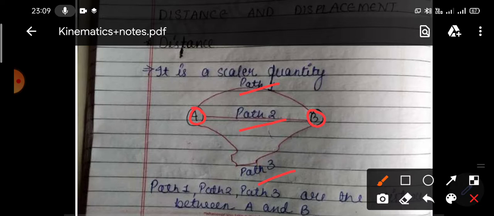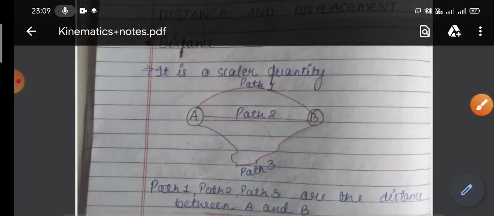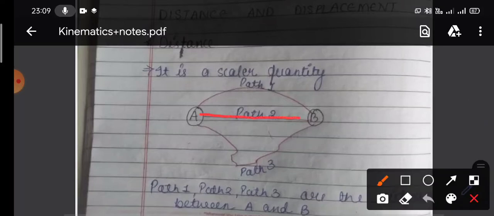Clearly you can see that path 2 is your displacement because this is the shortest distance. So which one is your distance? All the three paths are your distance. Path 1 is your distance, path 2 is your distance, and path 3 is also your distance. But only path 2 is your displacement.